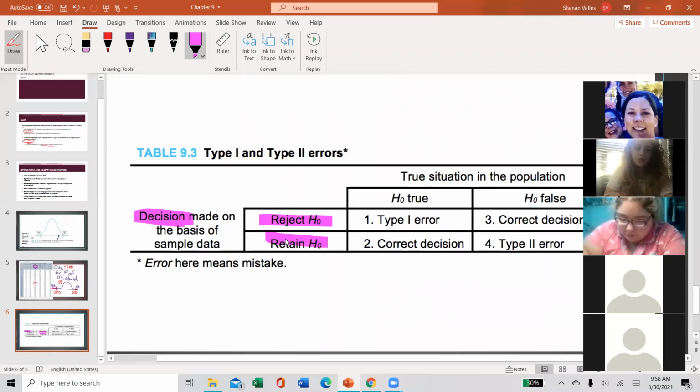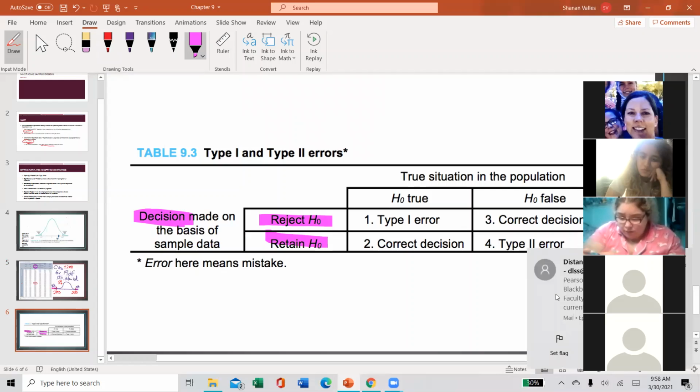So if you retain the null and the null hypothesis was in fact true, then you've made a good decision. Now, what that means, right? So when he's right, if you want to think of it that way, when the null hypothesis is correct, that there is no difference, and you say, okay, I'm going to keep him around for a little bit because I found no difference, then you've made the correct decision.